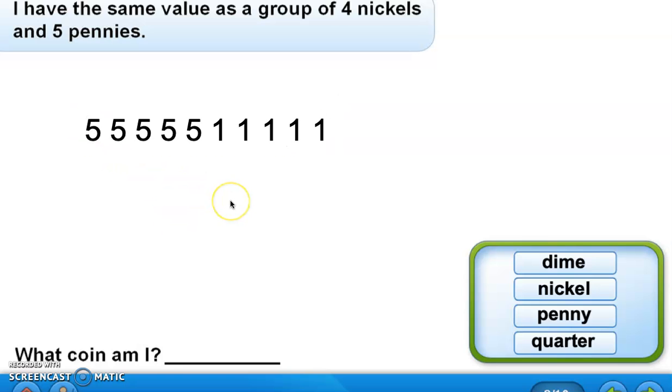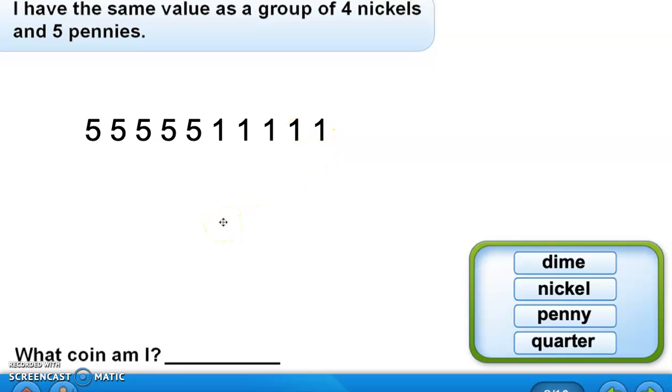So I know that they're not the coins, but this is just a way that I can show you, right? So 4 nickels and 5 pennies. So now we can count, ready? 5, 10, 15, 20, 25, 26, 27, 28, 29, 30, okay?